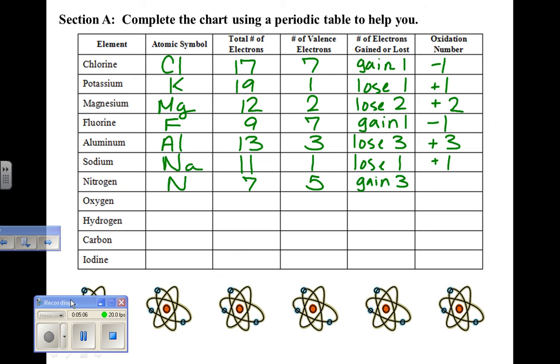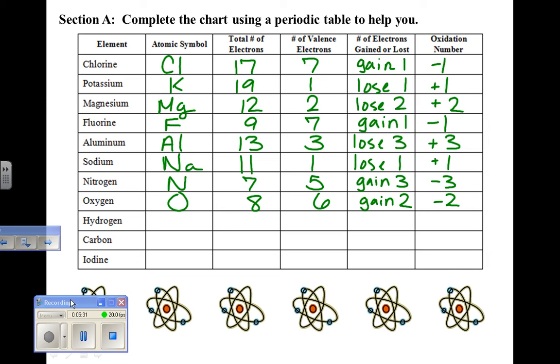So it's -3. Oxygen, O. Total number of electrons, valence, what's it going to do? Gain 2. So the oxidation number? -2, because you gained 2 electrons.